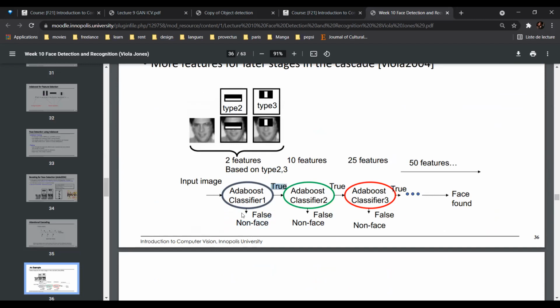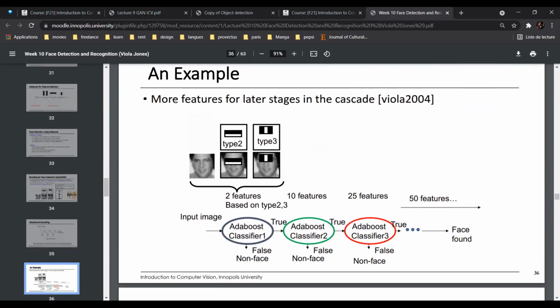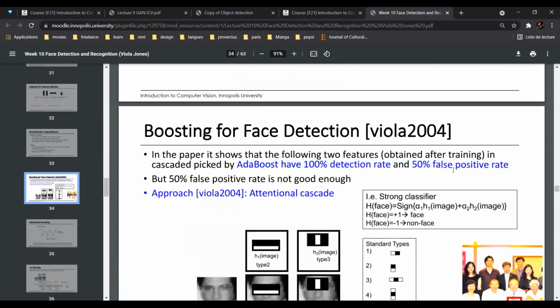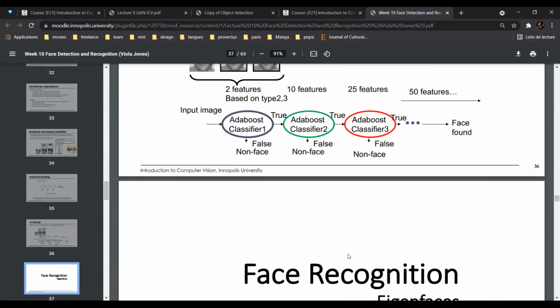If it's predicted as true, we doubt it, so we take it into a more complicated model. If it says true, we doubt it again and take it to a more complicated model. If it says false, we stop. We repeat this process again and again in order to remove as many of these false positives as possible.